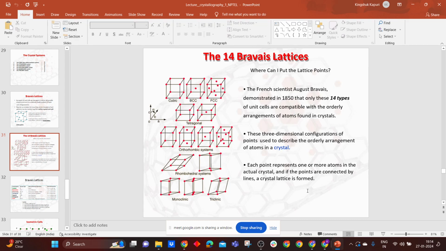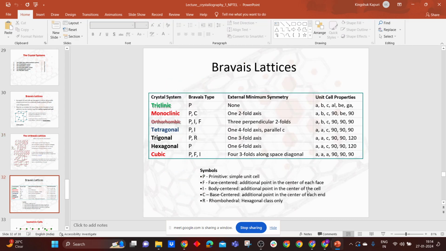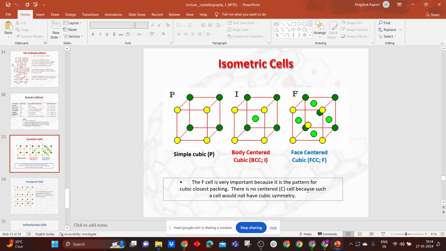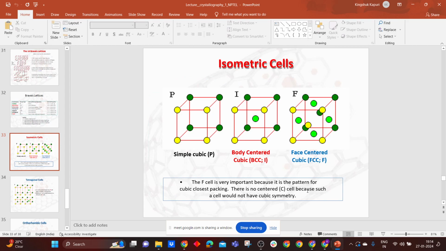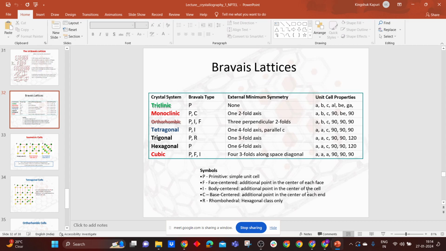So do you know that PFIC configuration? What is a primitive? What is face centered? What is simple cubic, and what is end centered? Yes, I will just recapitulate once again. The P represents the primitive or simple unit cell, which exactly looks like a cube.